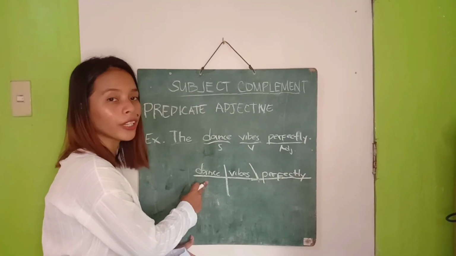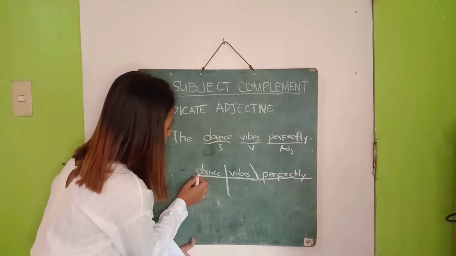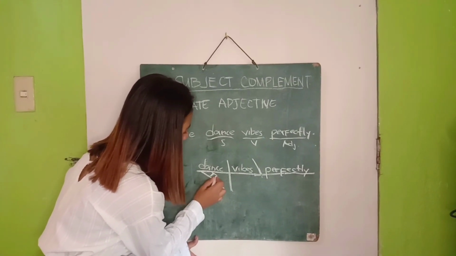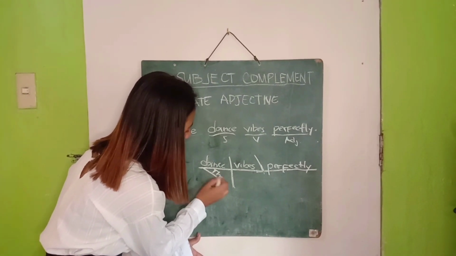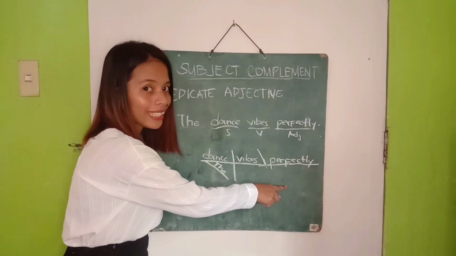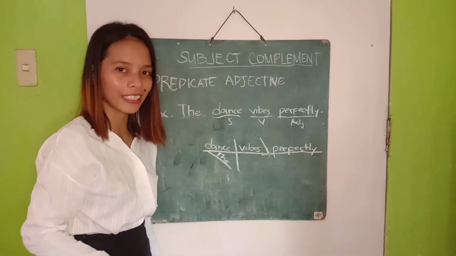And we're going to put the modifier below the subject. The dance vibes perfectly. That's how we diagram a predicate adjective.